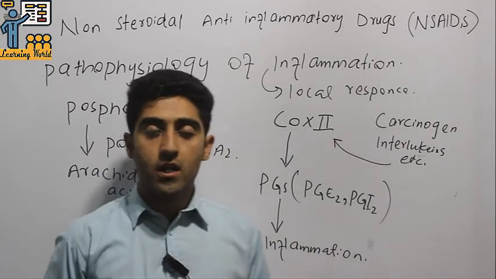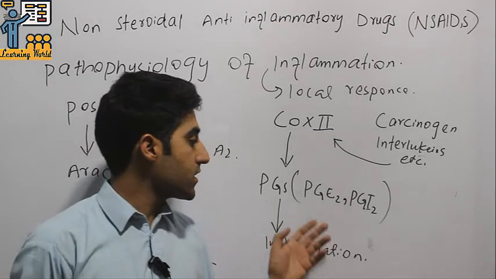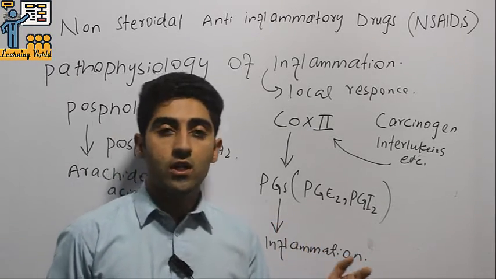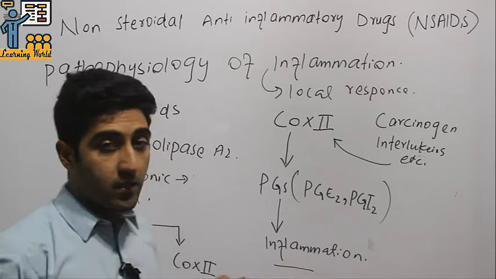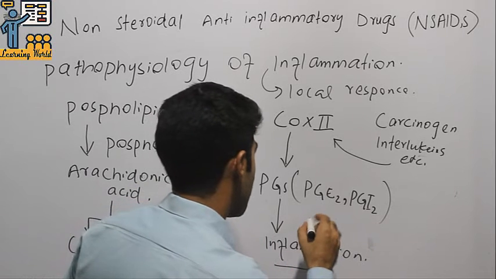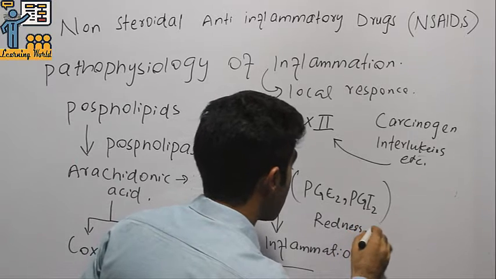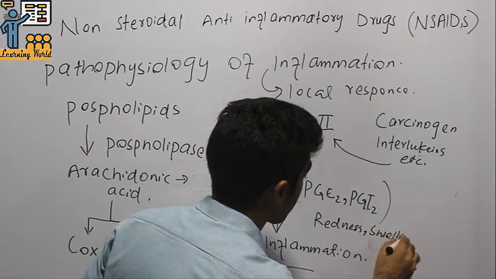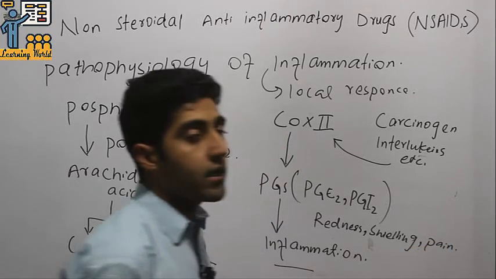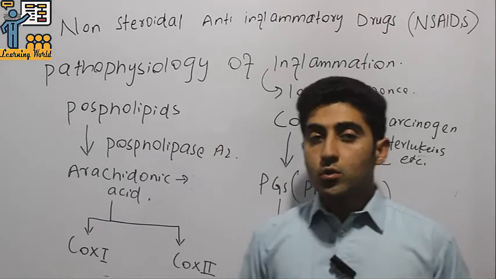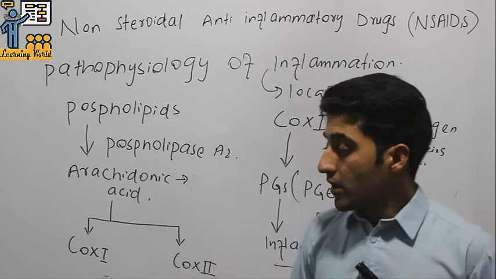When COX-2 is activated, it will produce prostaglandins from the arachidonic acid, such as PGE2 and PGI2, and they will cause the inflammation. The inflammatory area will become red. Redness will occur, swelling will occur, and pain will occur at the inflammatory area. So this is the pathophysiology of inflammation.